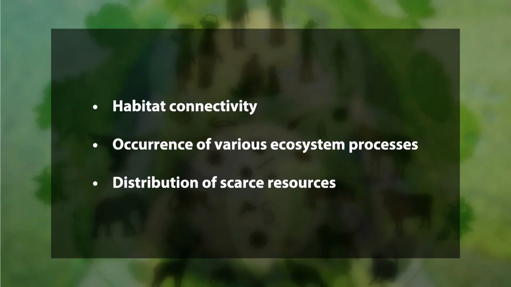This assumption is stated explicitly for area needs of umbrella species. However, the extended umbrella species concept is broadened to include other attributes of landscapes such as habitat connectivity, the occurrence of various ecosystem processes, or the distribution of scarce resources.